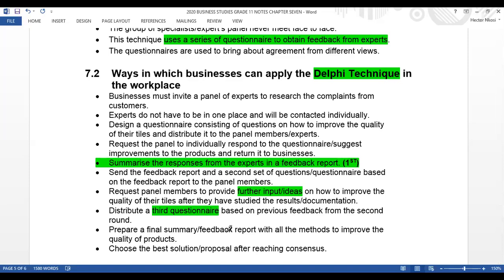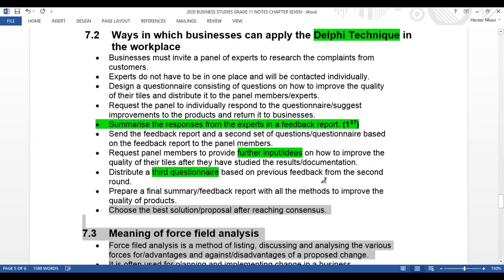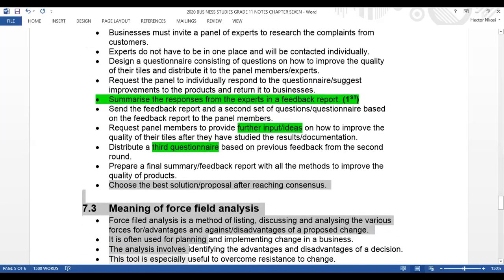Now, grade 11s, in grade 12 you're still going to learn about total quality management and the quality of products, and this will come along with your Delphi technique. Now, you must then choose what? The best solution or proposal after reaching consensus. So that's your final step under your Delphi technique.